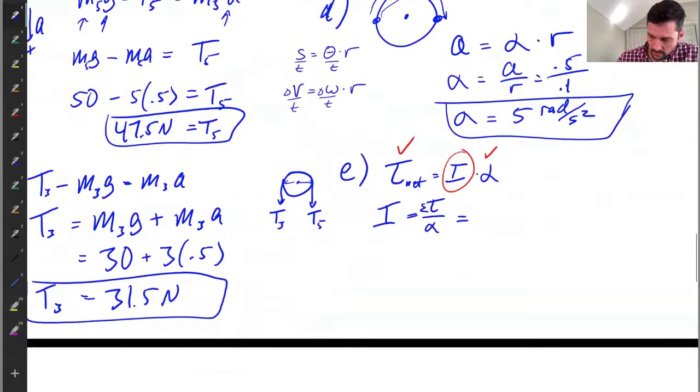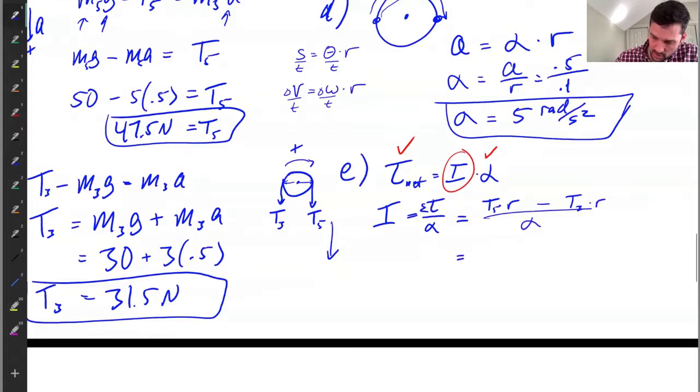For ease of thinking about it, since the 5 kilogram object is accelerating that way, let's call that way positive, and thus in this problem we'll call clockwise positive. So we've got the tension of the 5 times its radius, minus the tension of the 3 times its radius, all divided by the angular acceleration.